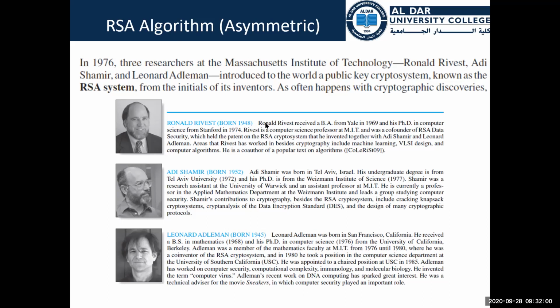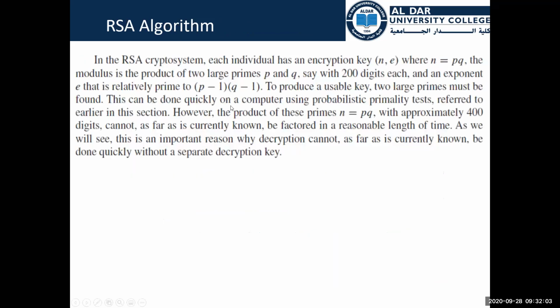Okay, so this is the RSA algorithm. The RSA algorithm uses an encryption key with n and e, where n equals p times q, and p and q are large primes, maybe say 200 digits.